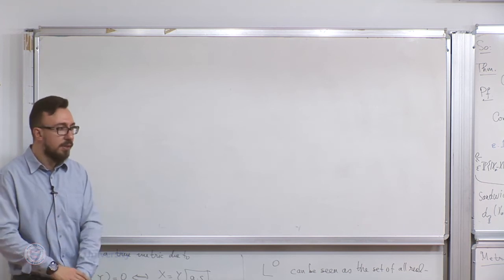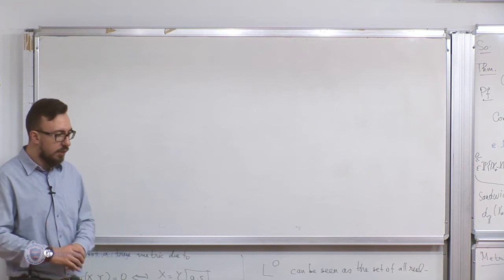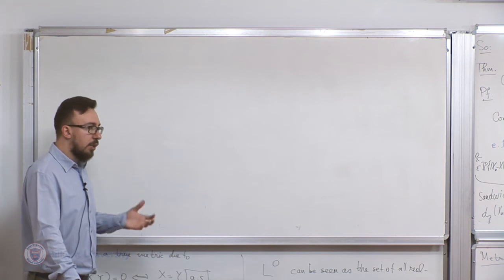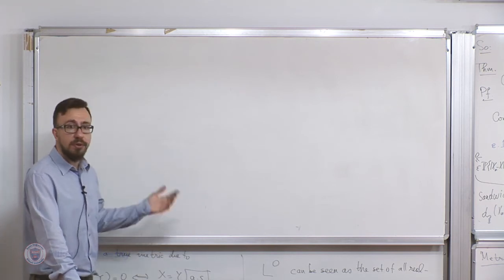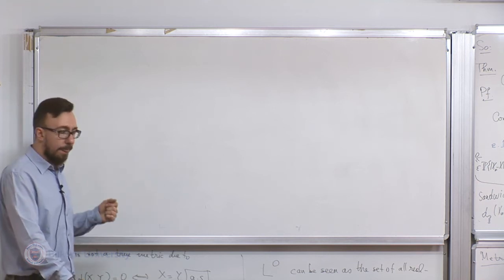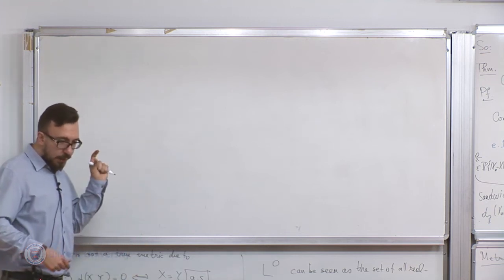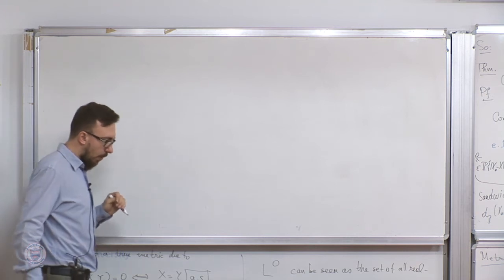You show that some function D is a metric, and then this gives you a notion of convergence. And indeed, convergence in probability is one of those notions that you can write in terms of a metric. And it is weaker than almost sure convergence. Okay, so that's all we know.